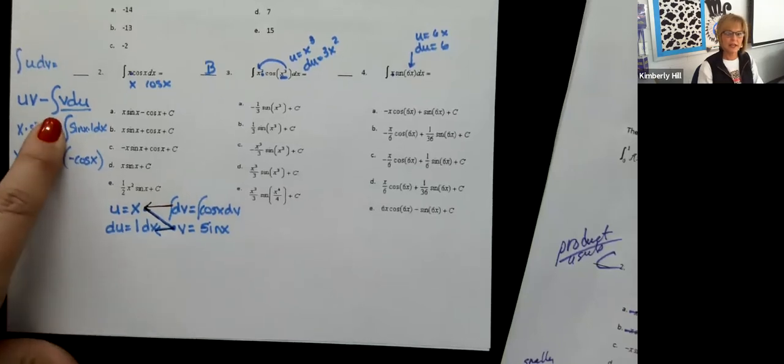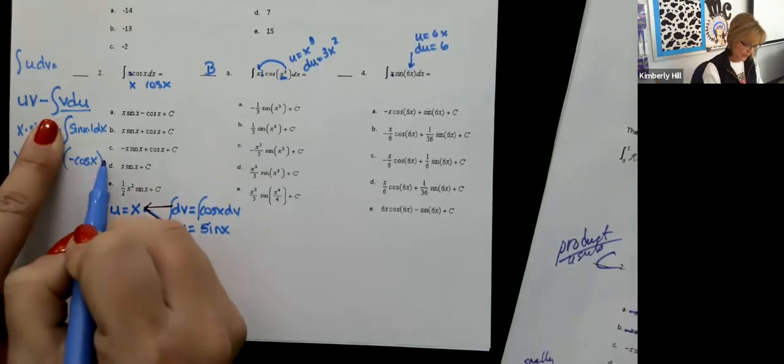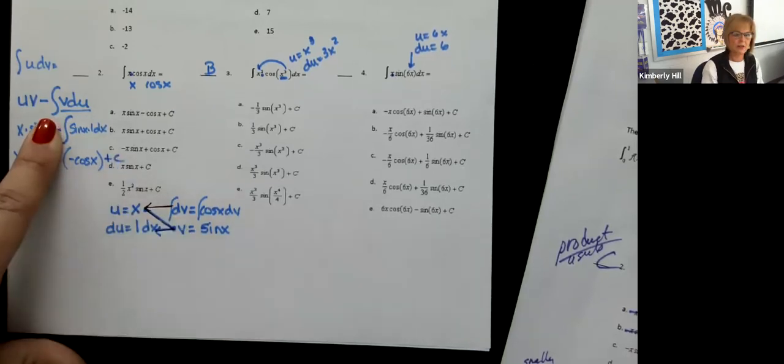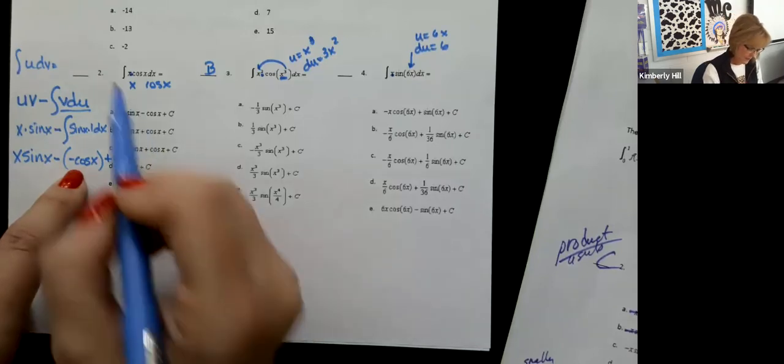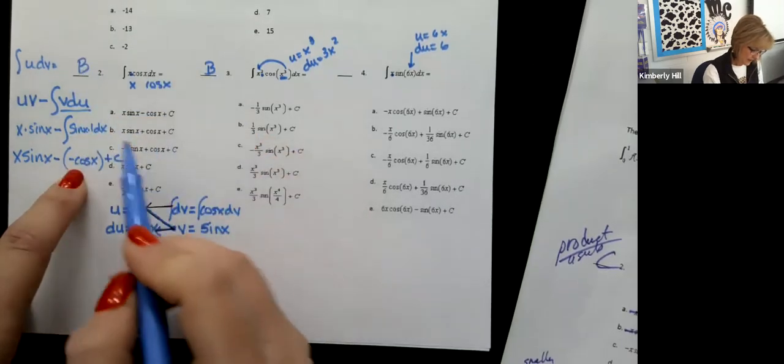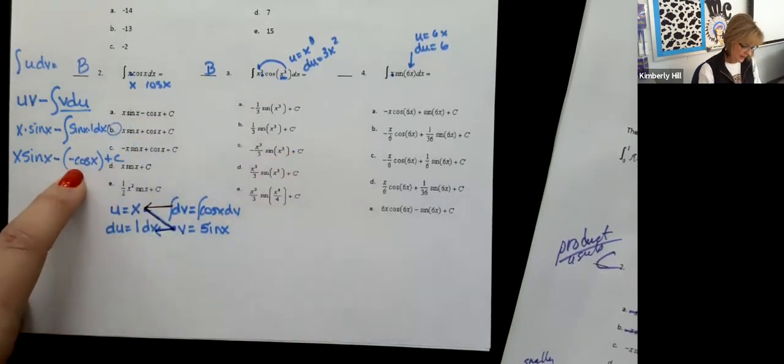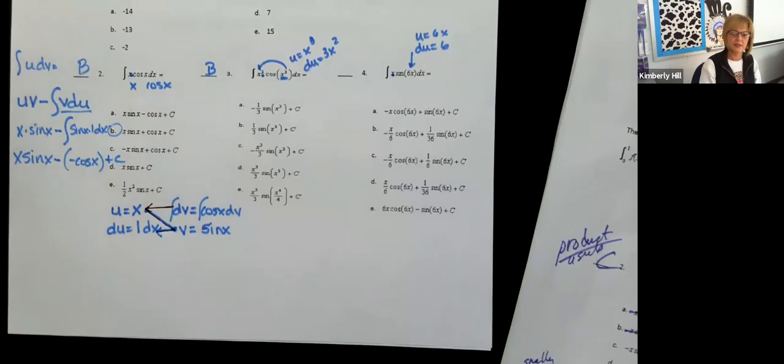So I'm just taking the antiderivative of sine x, which is negative cosine x, and don't forget your c. And then negative times negative is positive. So it would be b. And somehow when I worked it last night, I got c. So if anybody sees a mistake I made, please tell me.